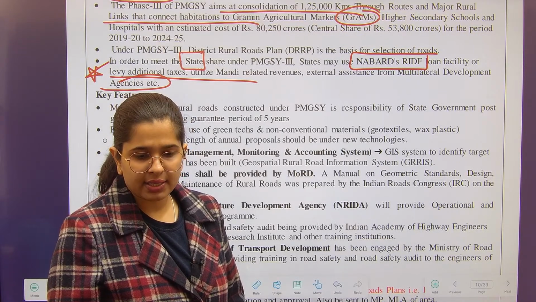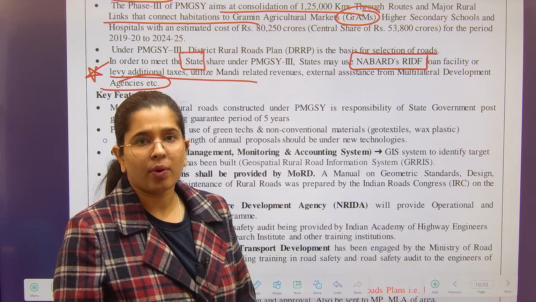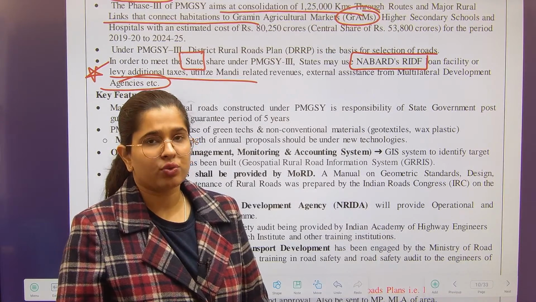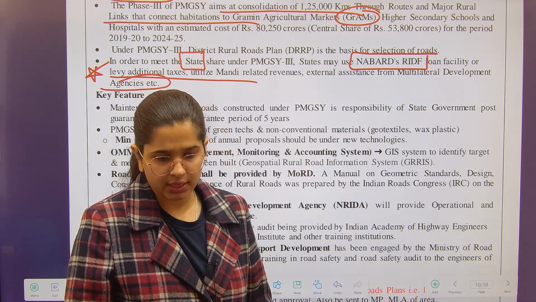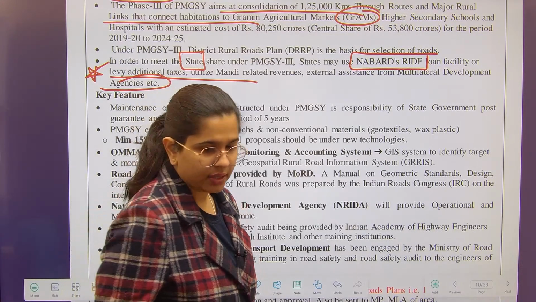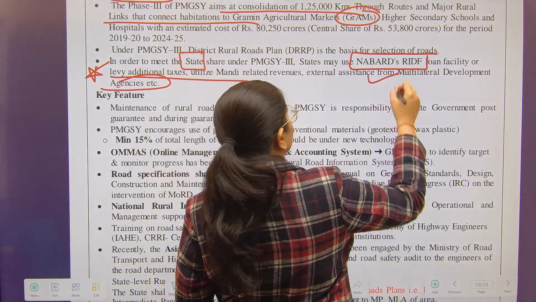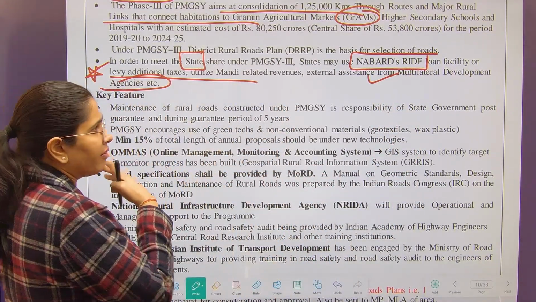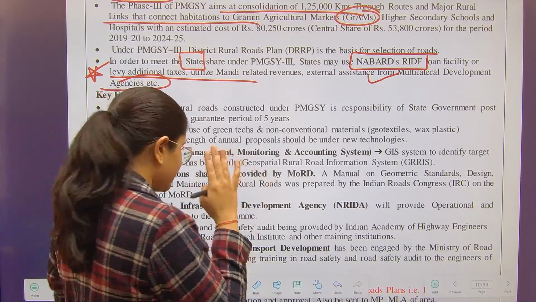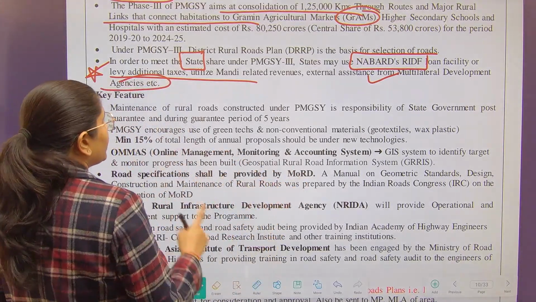There are priority sector lending norms which every bank has to comply with, and this is linked with that. So I would like you to do more research on NABARD's Rural Infrastructure Development Fund, or just read about it. Don't do a PhD on it, just read about it. What are the key features?